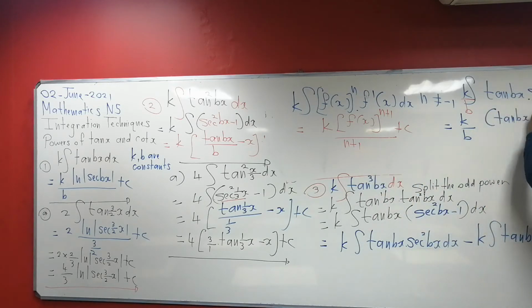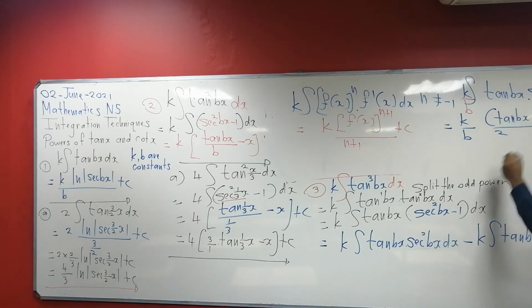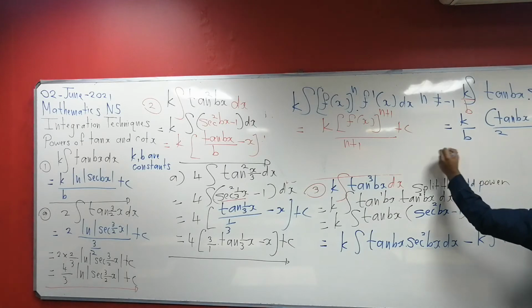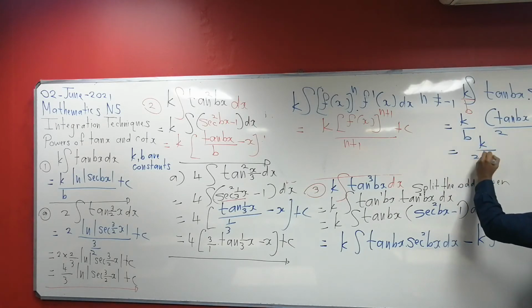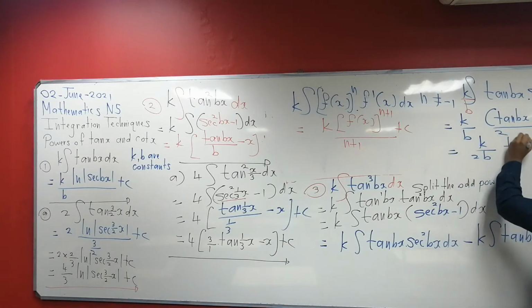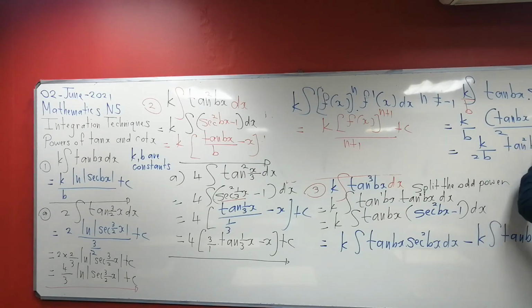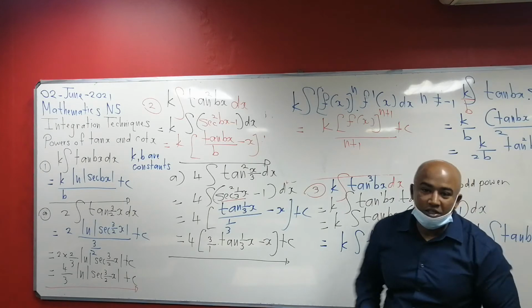So 1 plus 1 is 2 over 2. And then obviously plus c. So this is by inspection, doing it in one step. So this will equal k over 2b times tan squared bx plus c. Right, so that is by inspection.